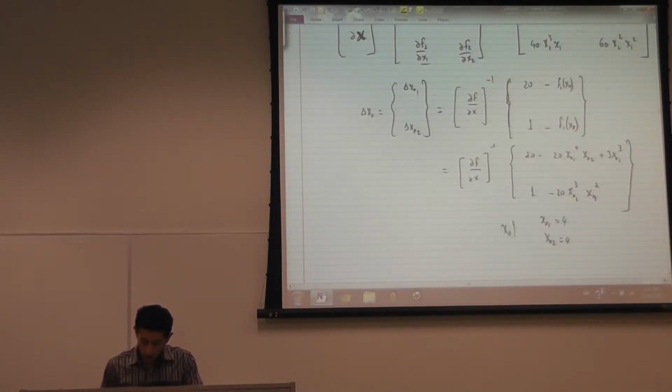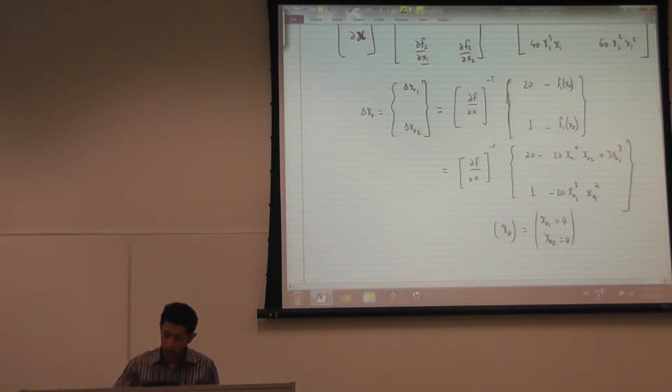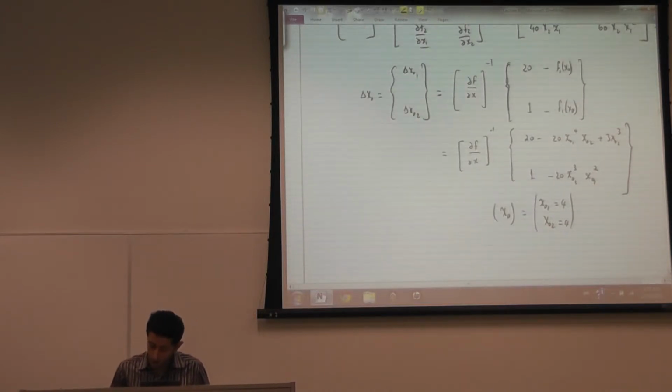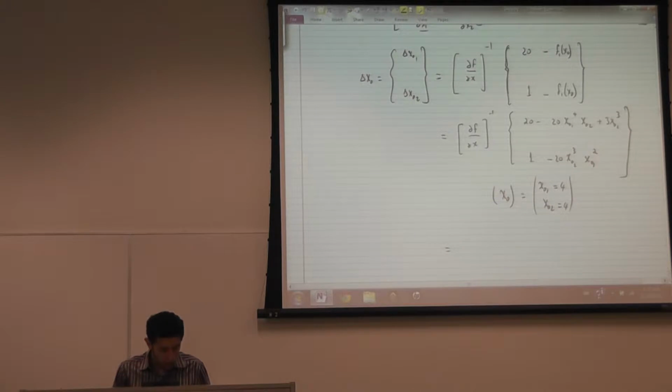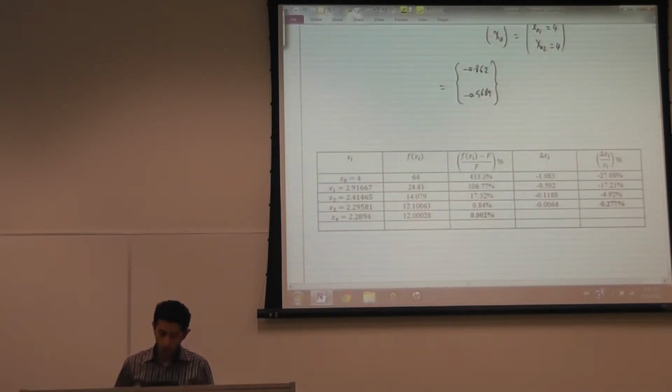That's x naught, the vector, the initial guess. And from here you calculate delta x naught. Delta x naught will be equal to negative 0.862 and negative 0.5689. So this is problem 1.